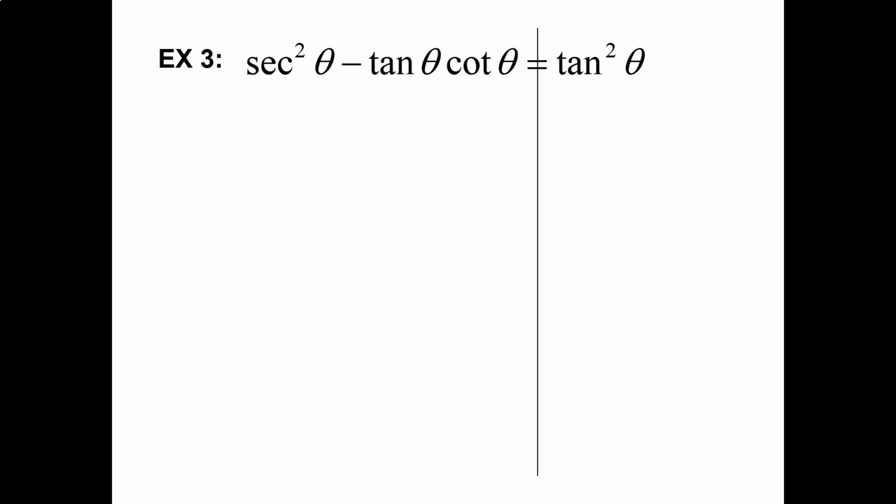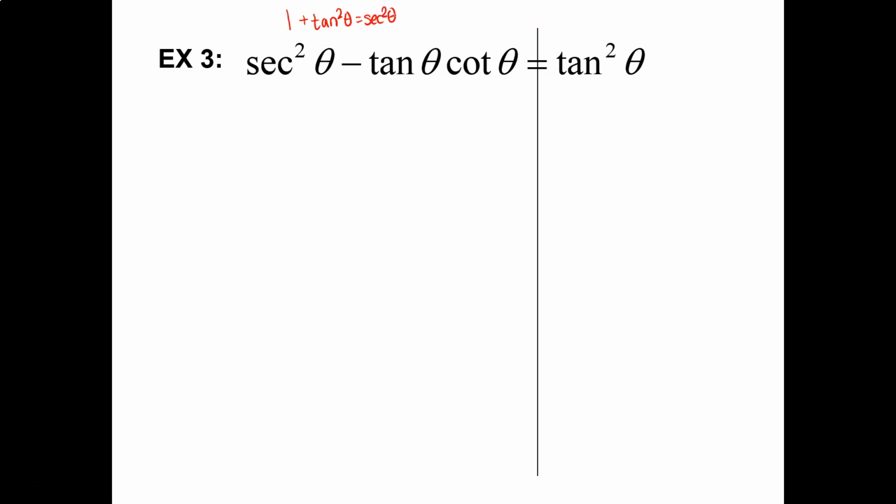I could on this problem change everything to sine and cosine, but I've got a secant squared, and then I've got a tangent squared over here, and that kind of seems like that Pythagorean identity. What was it? Was it 1 plus tangent squared theta equals secant squared theta?